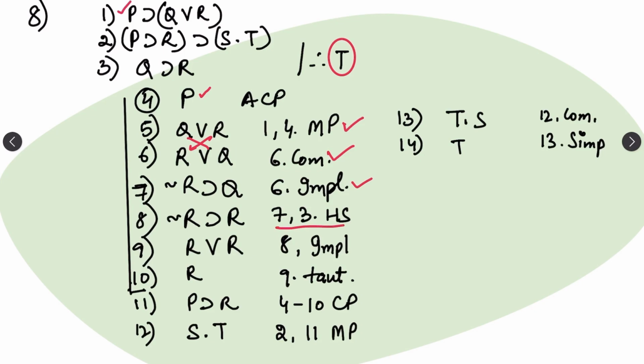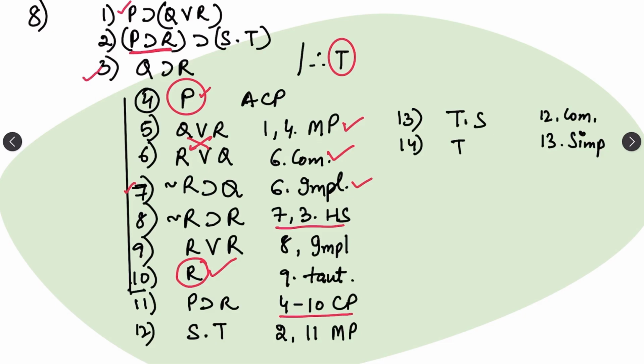Now hypothetical syllogism is used in 7 and third, because in both you can see that Q is common, so you get R. Why are we finding R? Because P horseshoe R is here, so we have P here as the ACP and then you get R over here, so P horseshoe R. From 4 to 10 you used CP.